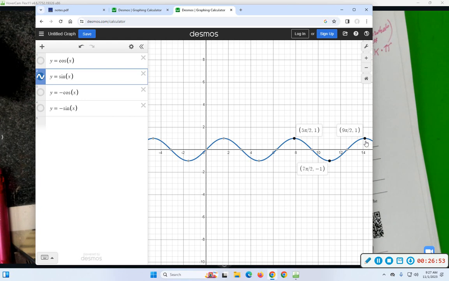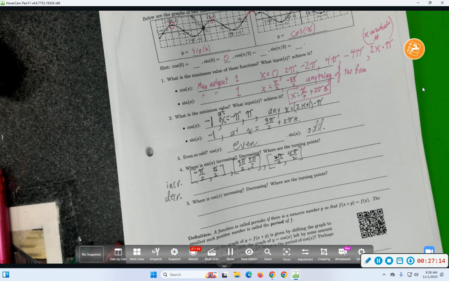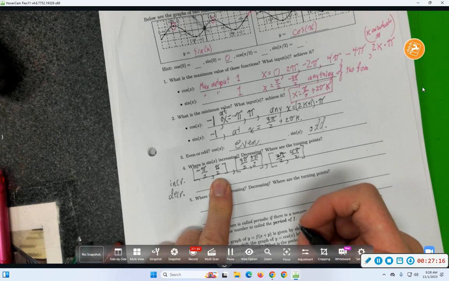Well, this should be easier, right? Are there any long stretches where sine of x is just constant? No. So that means wherever it's not increasing, it's probably decreasing. So it stops increasing at pi over 2, so it starts decreasing.